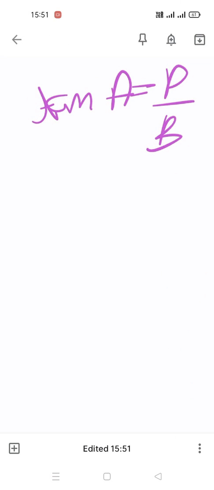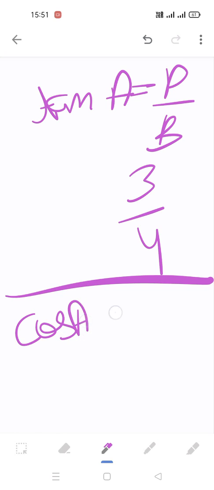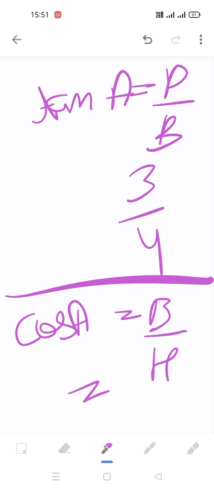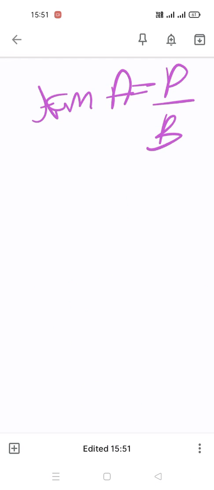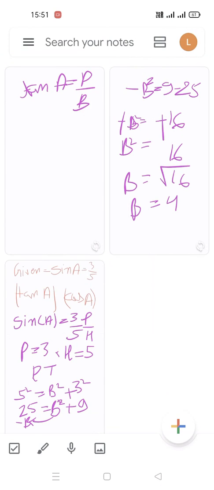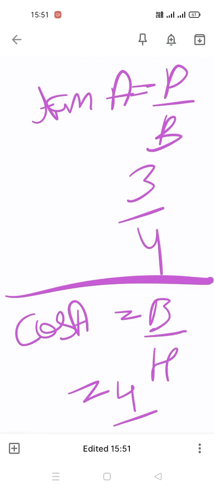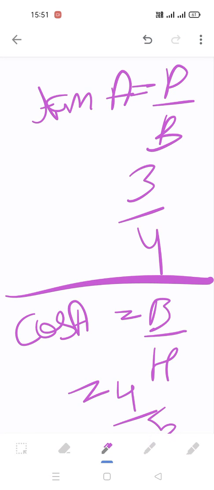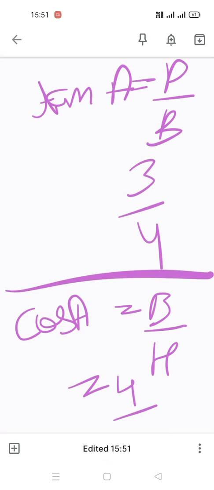So 3 upon 4 is your tan. And next is cos a. Cos a will be base upon hypotenuse. Base is 4, hypotenuse is 5, right? So 4 upon 5. This is your entire answer.